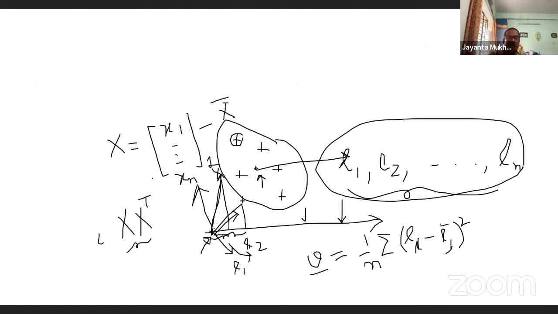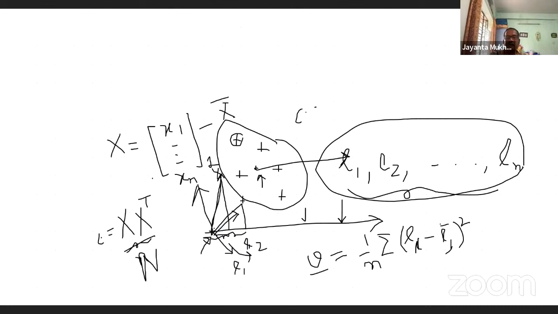And of course, you have to divide it by the number of data points. Then it becomes the covariance matrix. Otherwise, accordingly, it should be scaled. If there are N data points, let me use the capital N here because small n is used for the dimension. So this is the covariance matrix. And your problem of finding the principal directions of maximum variance is reduced to finding an eigenvector.